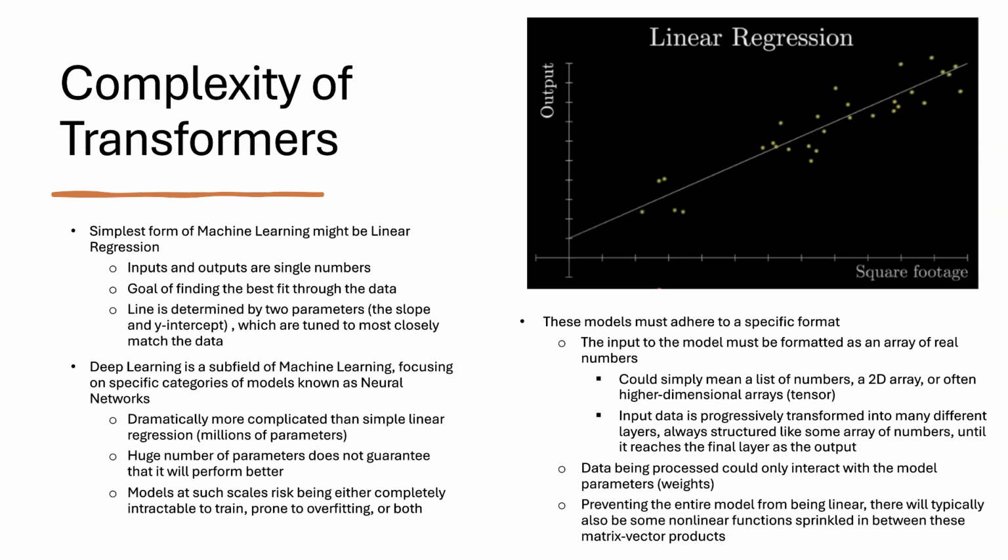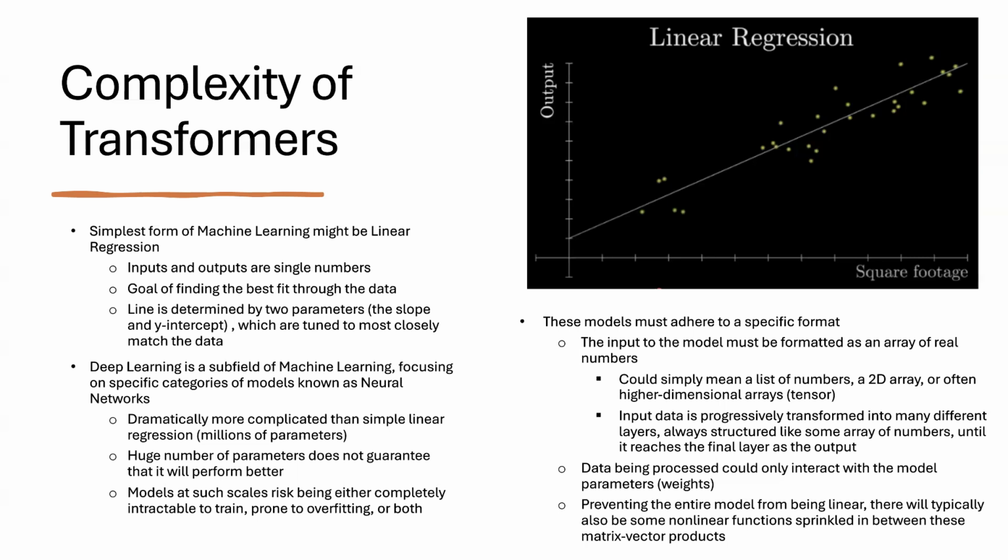When it comes to these sorts of models, they must adhere to a specific format. The input to the model must be formatted as an array of real numbers. It could simply mean a list of numbers, a 2D array, or often higher dimensional arrays, or tensors. Furthermore, input data is progressively transformed through many different layers, always structured as some array of numbers, until it reaches the final layer as the output.